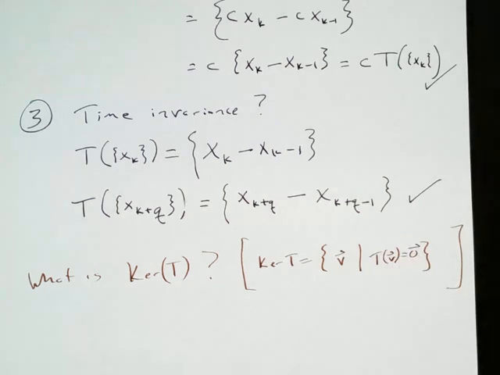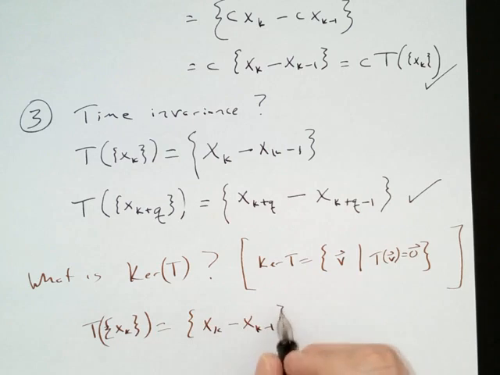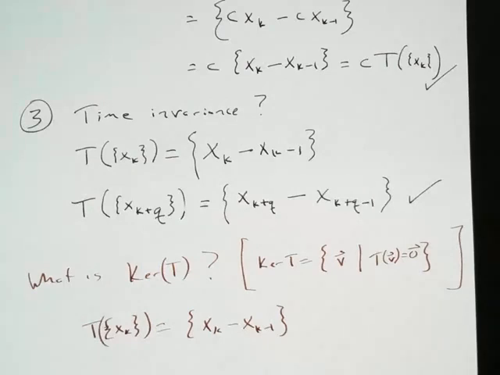So, if my transformation is this, what's going to force that output to be 0?